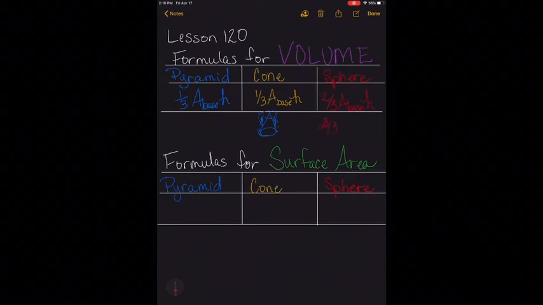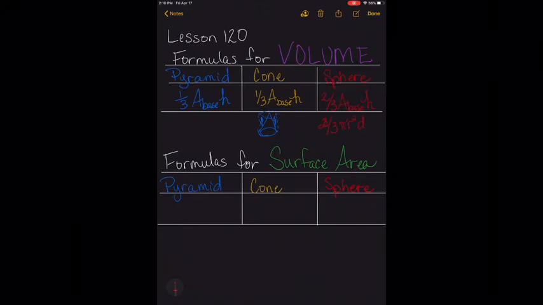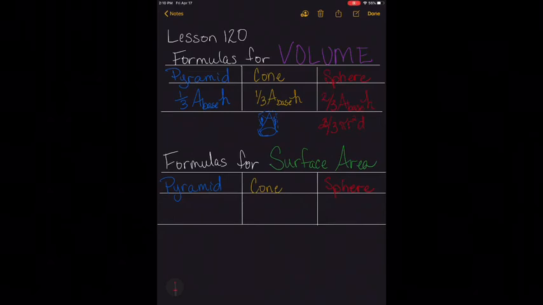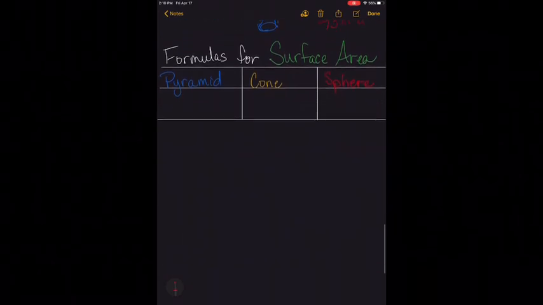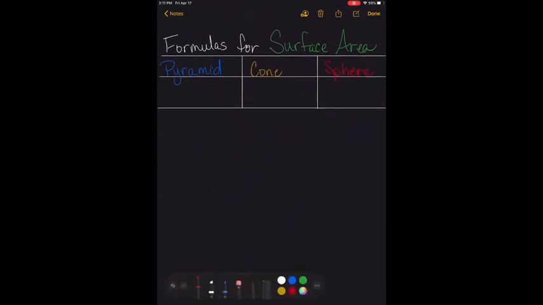So what you can think of it as is 2/3 pi r squared times the height, which is going to be the diameter of the sphere. Okay, we'll definitely do an example of that.